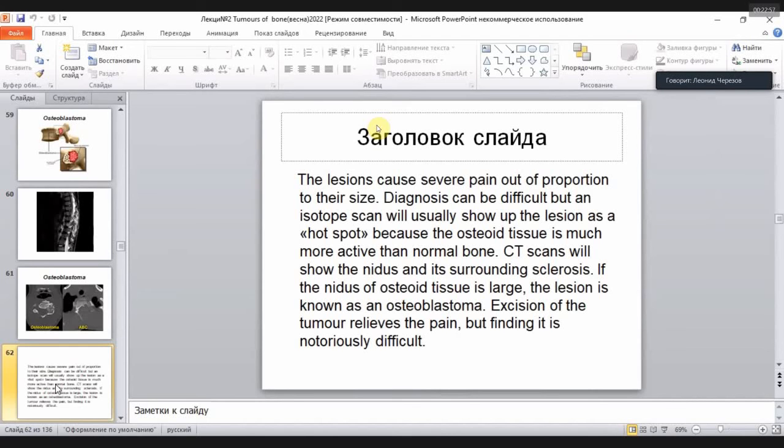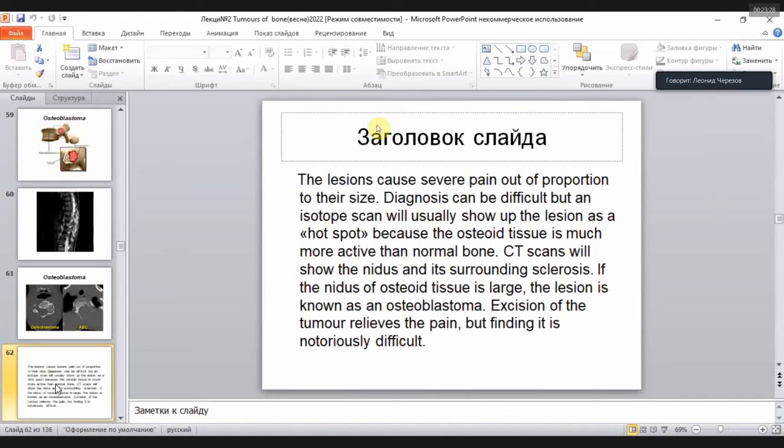Diagnosis can be difficult, but an isotope scan will usually show up the lesion as a hot spot because the osteoid tissue is much more active than normal bone.